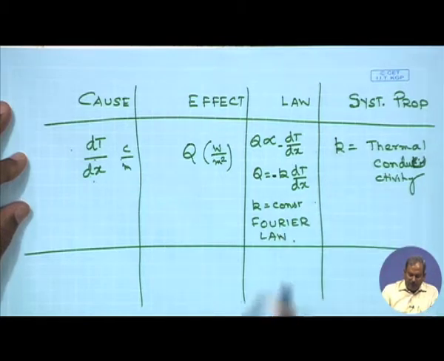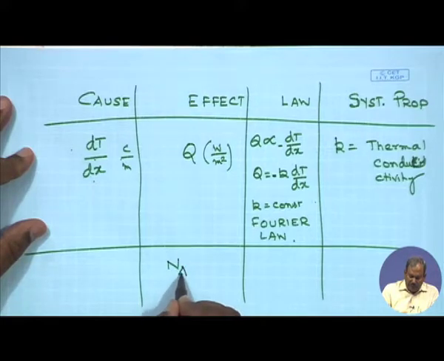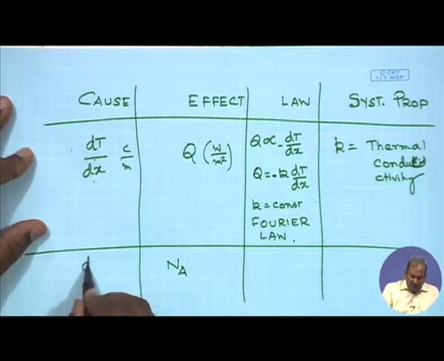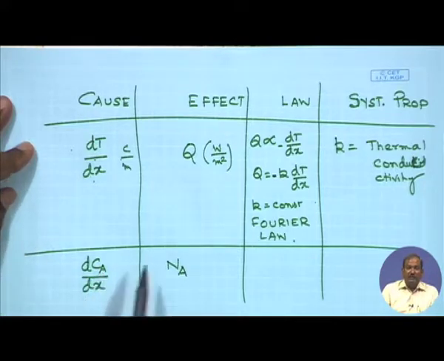Similarly, when we talk about mass transfer, the diffusive mass flux of species A is a result of the gradient in concentration of species A between 2 points.